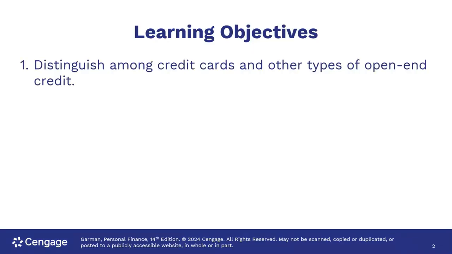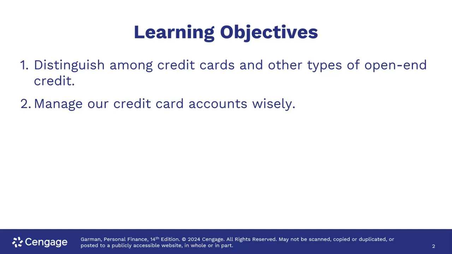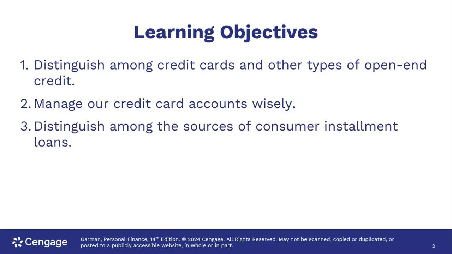So, learning objectives: distinguish among credit cards and other types of open-end credit. Manage your credit accounts wisely. We distinguish among the sources of consumer installment loans. Some sources are much more desirable than others because they offer significantly lower rates.